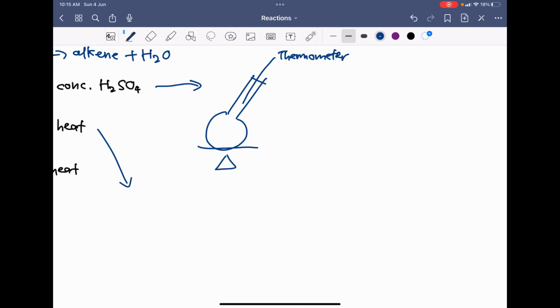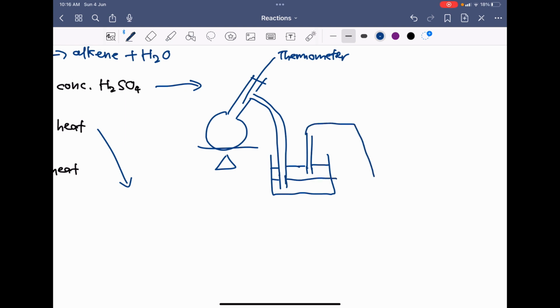Okay, thermometer, and then it connects here to sodium hydroxide, and you'll be confused, but why sodium hydroxide here? Well, I will explain that later. You kind of need to know that, so don't worry, it will be explained. Okay, let me try to do this. Oh, yes, okay, got it.